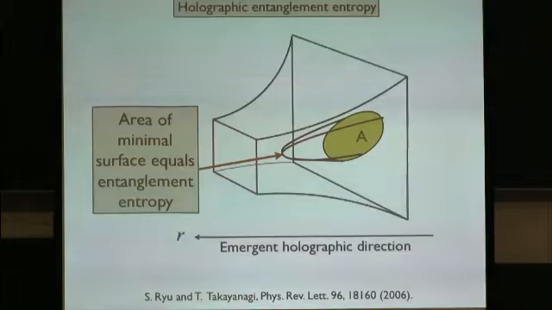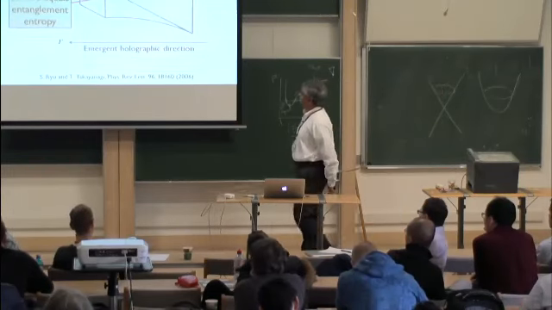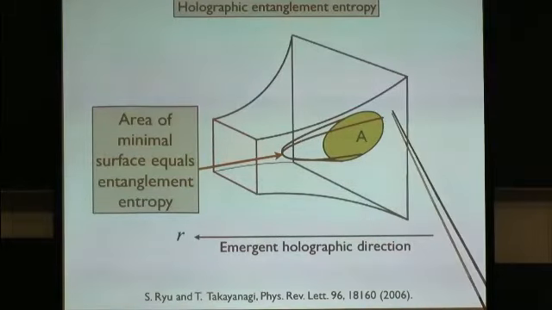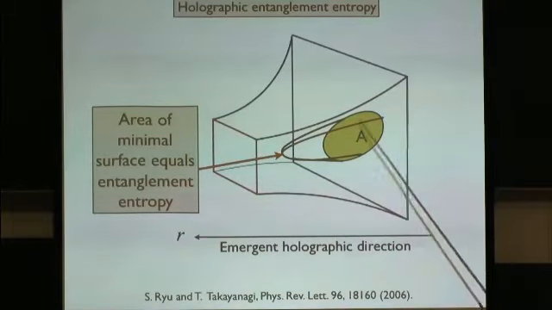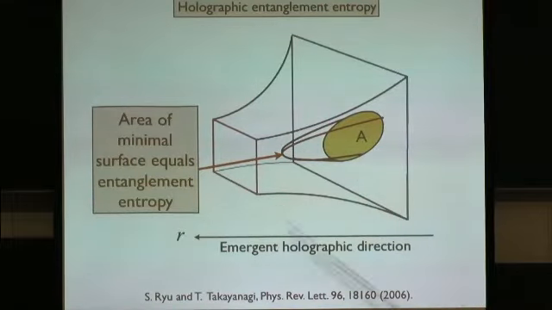Their proposal was the following, that in this holographic space, you extend the boundary of region A to a surface, and the minimal proper area of that surface is equal to the entanglement entropy.